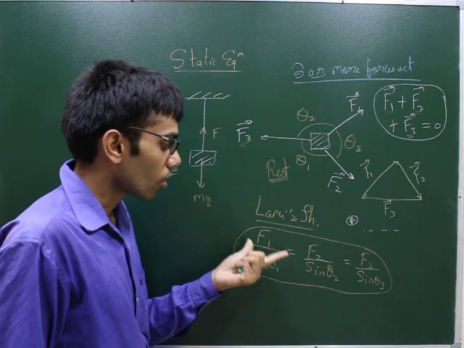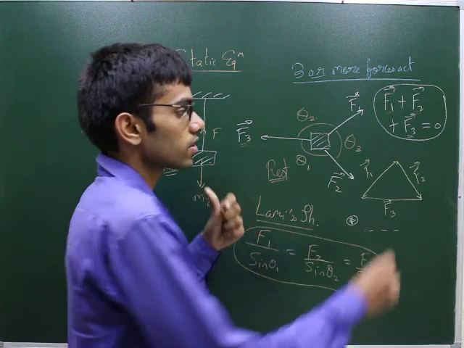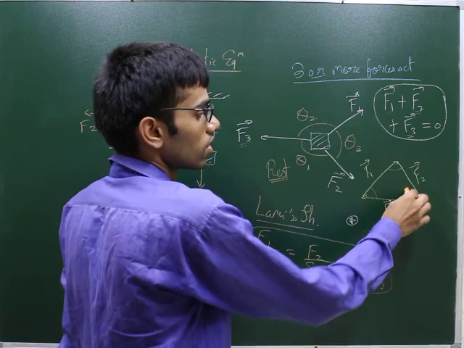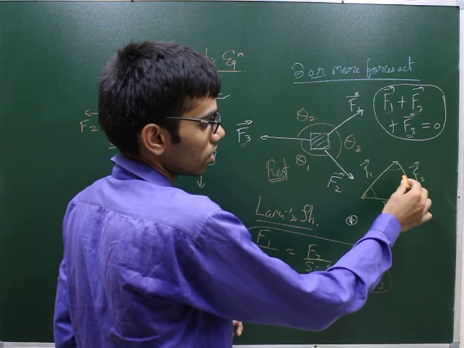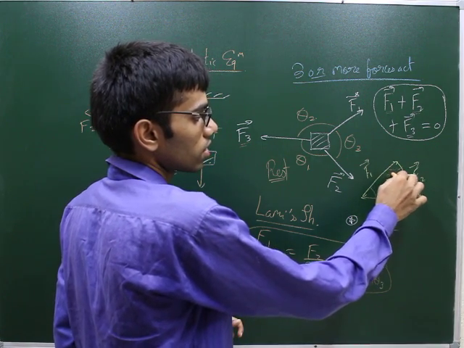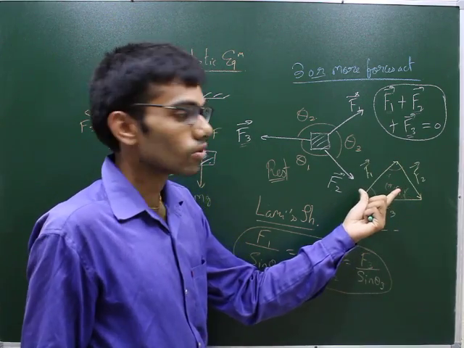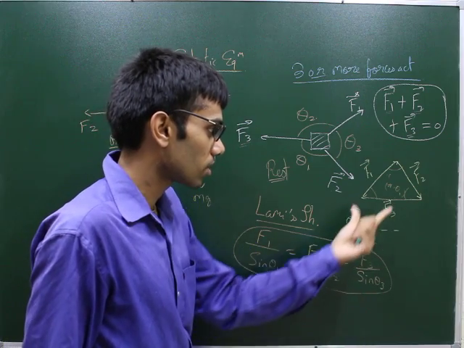So also if you see, basically if you apply the sine rule here, this angle will be pi minus theta 1, this will be pi minus theta 3, pi minus theta 2. So अगर sine rule पता है तो इसमें sine rule लगाएंगे तो यहाँ पे same relation आएगा.